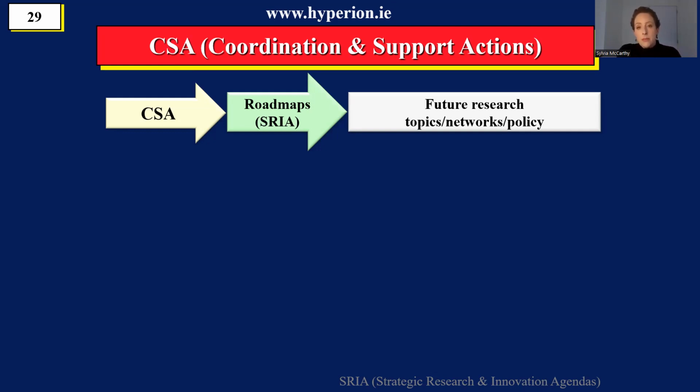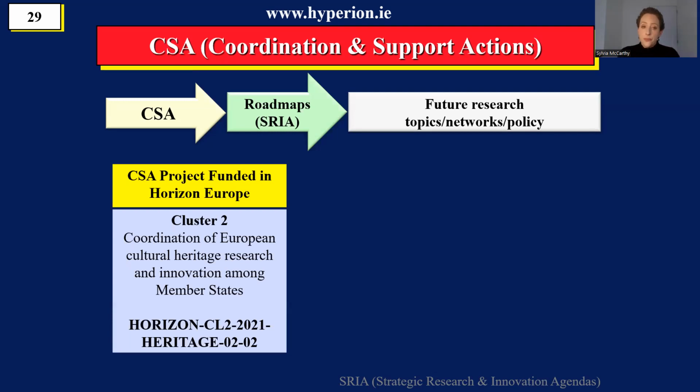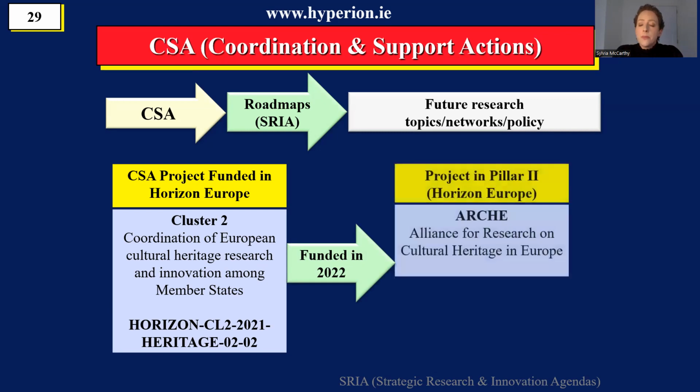Let me give you an example. It's taken from Cluster 2, from Horizon Europe, a topic on the coordination of European cultural heritage research and innovation among member states. It was funded in 2022, so relatively recently. And the project that has been funded is ARCH, the Alliance for Research on Cultural Heritage in Europe.